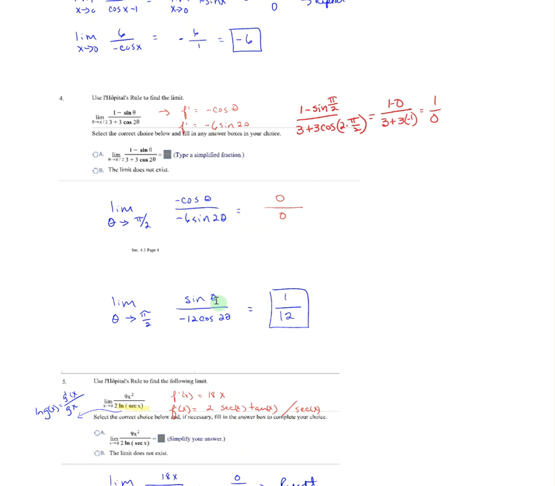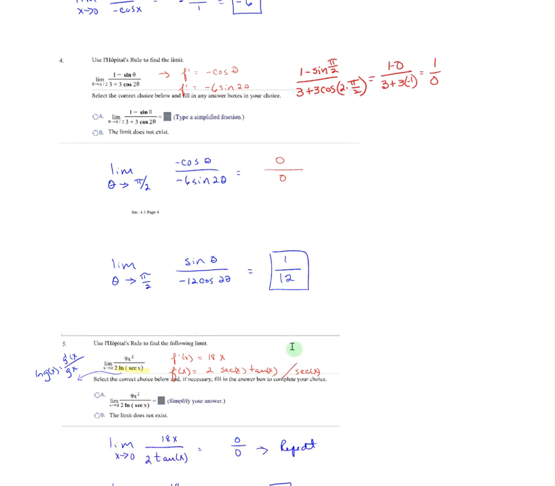So then sine of pi over 2 is 1, and cosine of 180 is negative 1. Negative 1 times negative 12 is 12. So it's 1 over 12.